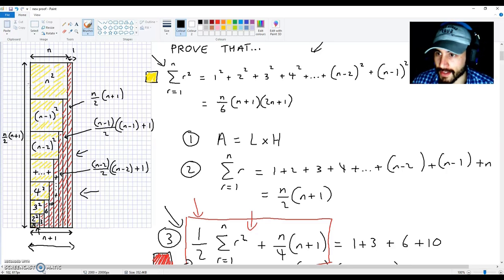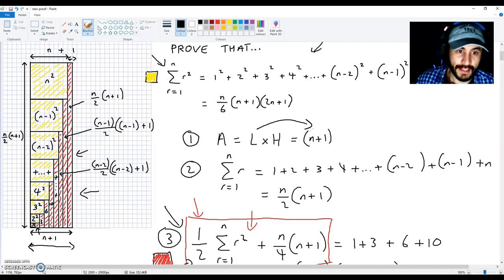Therefore, this length in its entirety is n+1, and I'm going to put that down right over here. The length is n+1 because we are going to need the area of the entire rectangle to formulate our proof.